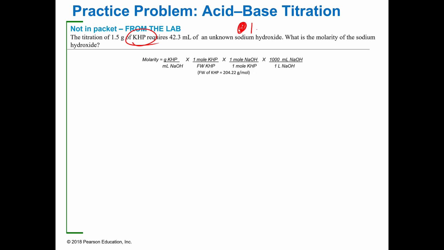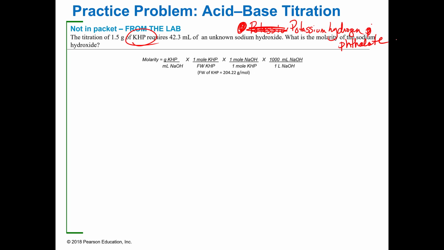KHP is potassium, sorry, I had a blank there for a minute. Potassium, hydrogen, phthalate. That's the one that I'm going to write down here because it's a real weirdo.